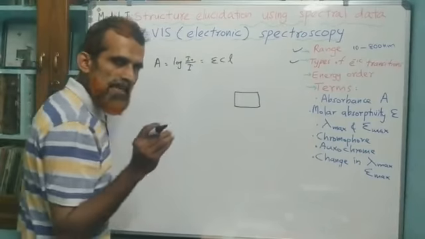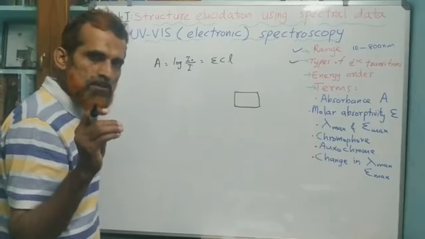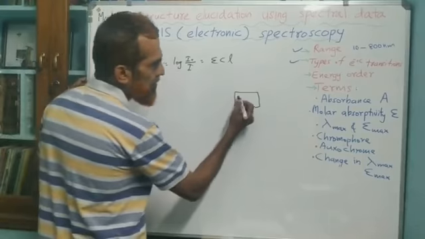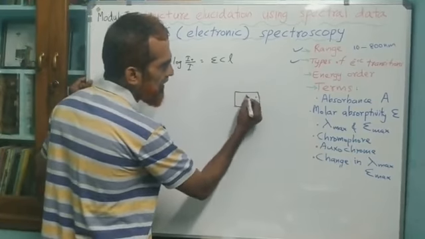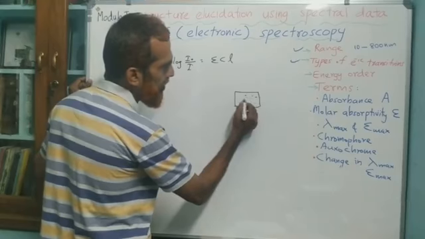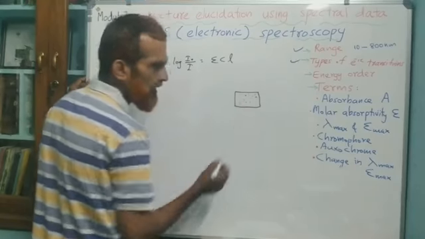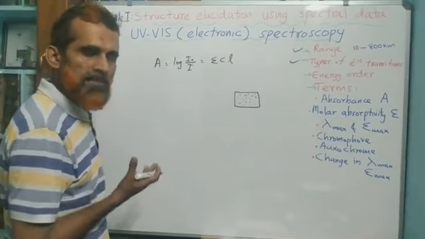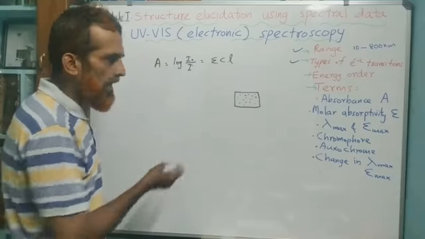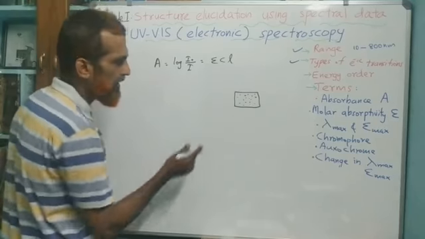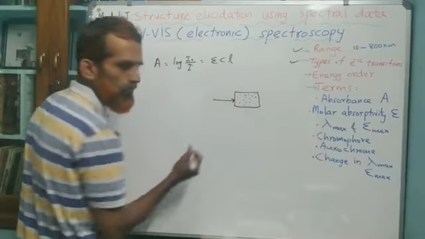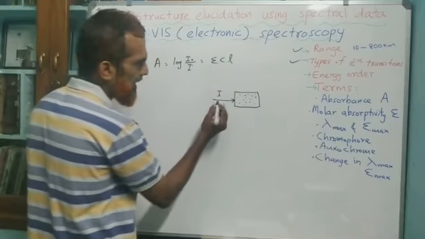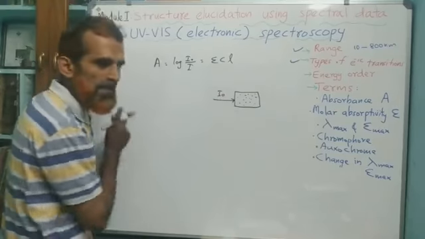Suppose you are taking a compound for electronic spectroscopy, and you take it as a solution. For example, we are taking nitrobenzene to study, as a solution. You allow radiation from the UV visible range to fall on it, and this is the intensity of the incident radiation.